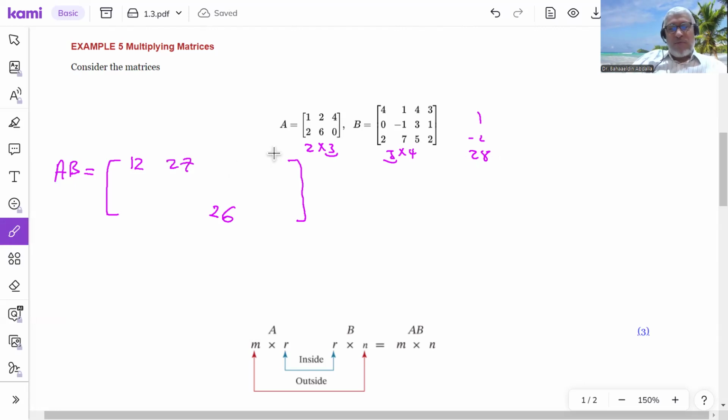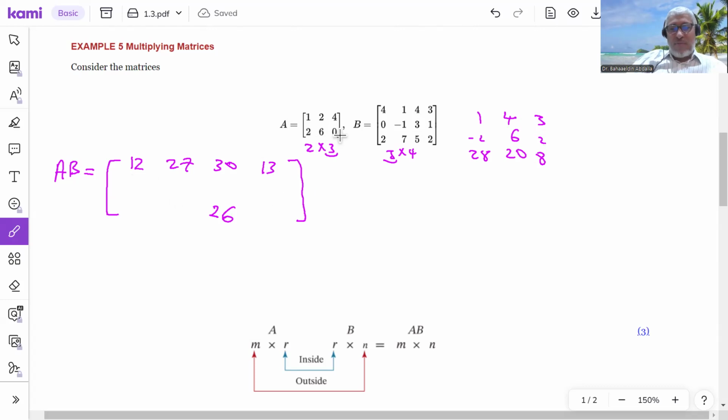Now the next number, multiply 1, 2, 4 times 4, 3, 5, the third column. So 1 times 4 is 4, 2 times 3 is 6, 4 times 5 is 20, so this is 30. And finally, 1, 2, 4 times the last column. 1 times 3 is 3, 2 times 1 is 2, 4 times 2 is 8. I have 13 in here. So I finished the first row.